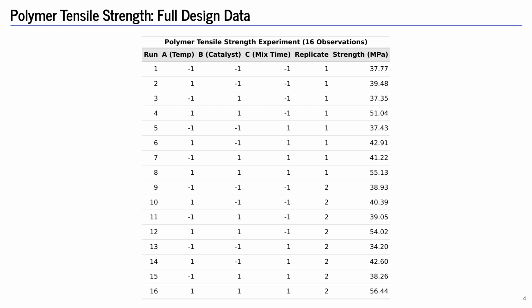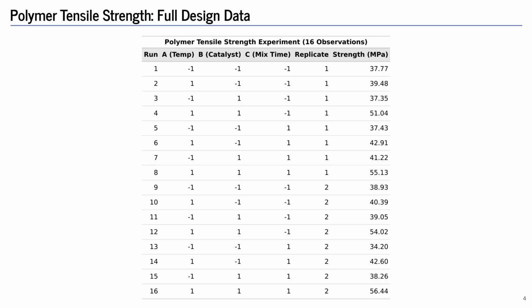You can already see that the combination with temperature high and catalyst high, runs 4, 8, 12, and 16, consistently produces the highest tensile strength. The combination with temperature low, catalyst low, and mixing time high, runs 5 and 13, sits at the low end. This is the dataset we will carry through every concept today.